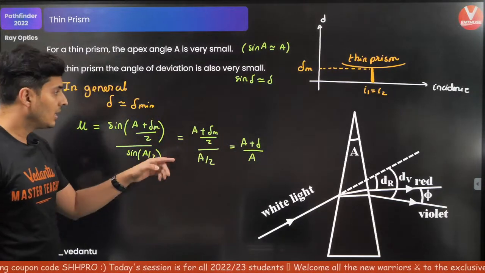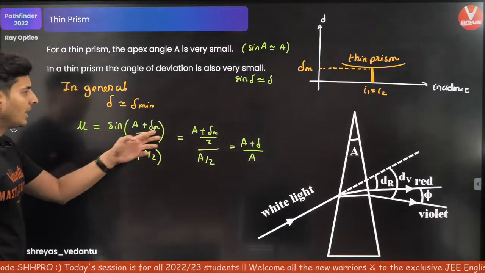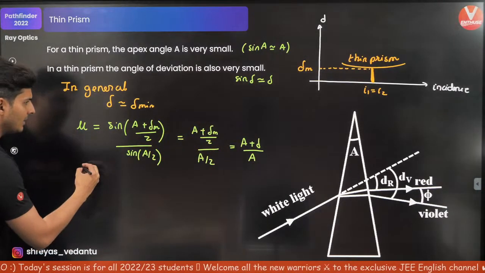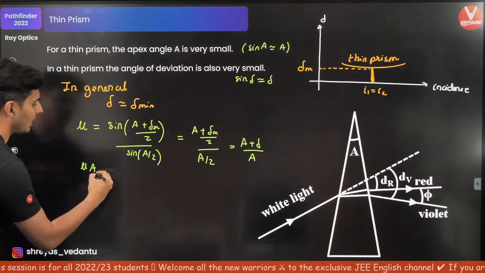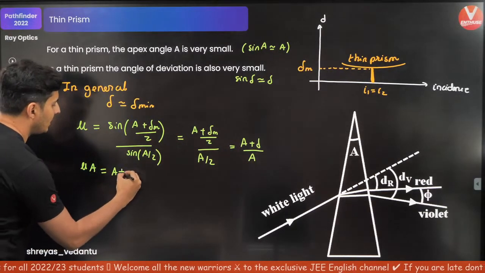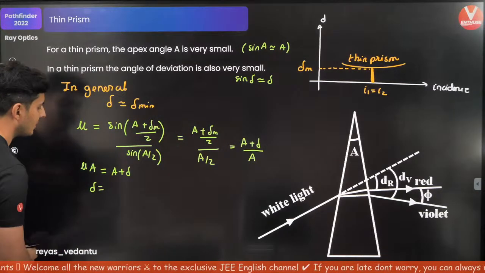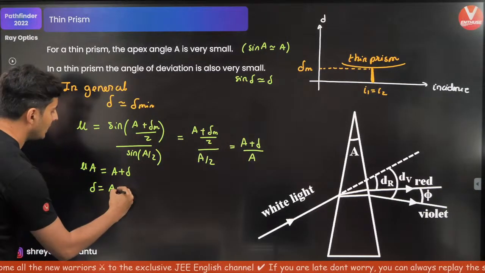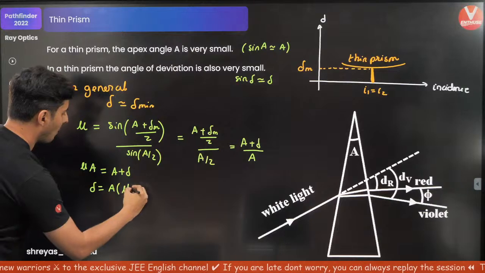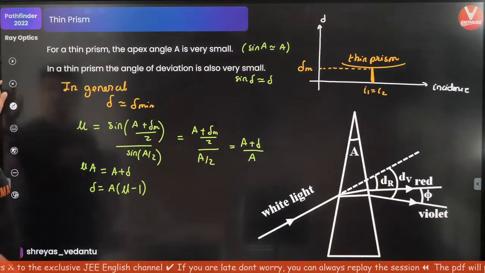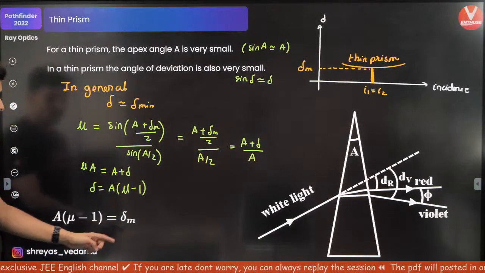Now shift A over here and let A plus delta remain there as it is. So mu into A will become A plus delta, and therefore you will get delta is equal to A into (mu minus 1). This is a very, very important relationship.